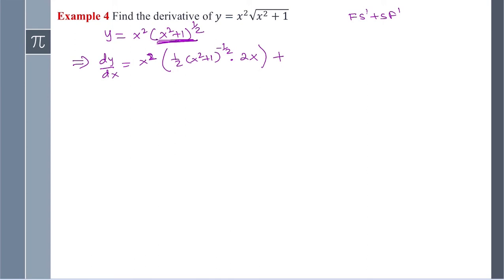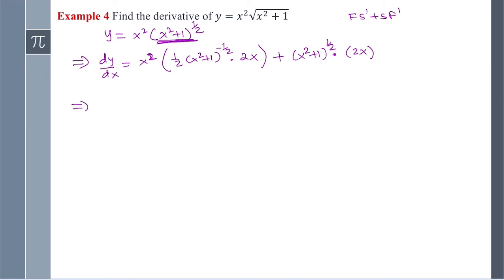Then plus, so that was first function times derivative of second, where we used the chain rule for the second function. Now plus the second function, which is (x squared plus 1) to the 1/2, times the derivative of the first function, which is 2x, okay? Now let's go ahead and simplify this.